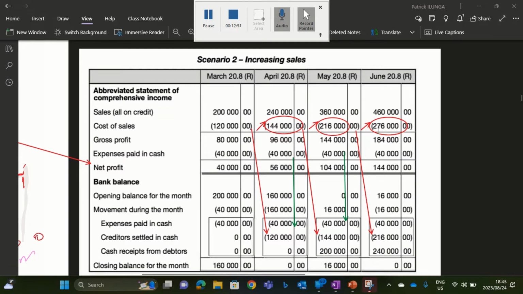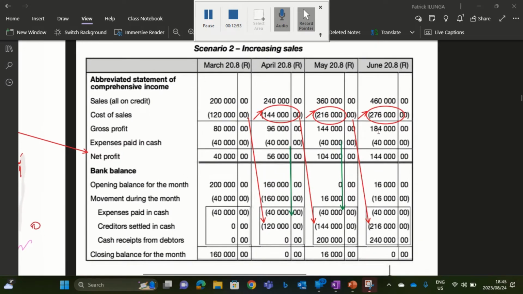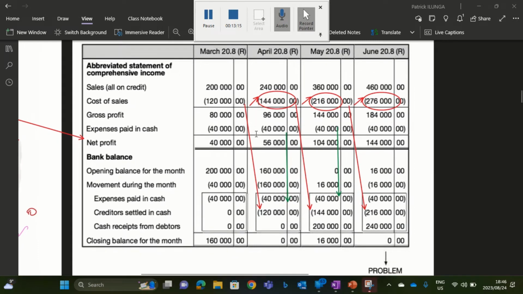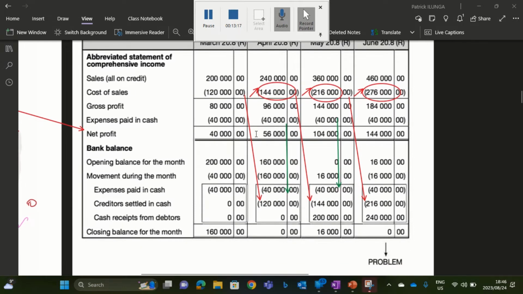So what we can understand is that the company wanted to increase its credit inventory purchases, right? So they're taking more inventory on credit. All right, so it's a good thing, but it's a risk, right?